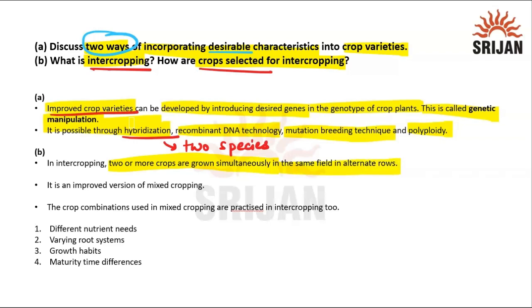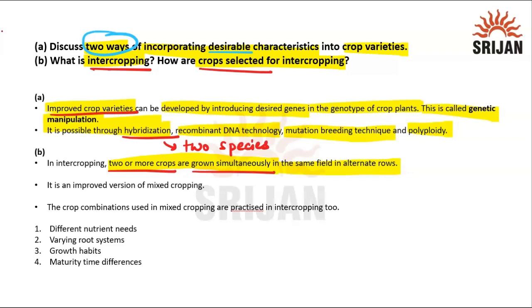That means there is a single area or region where you are sowing your crops. Within that region there is space, and you grow sometimes two, sometimes more than two crops in order to utilize your area in a much better way. So two or more crops grown simultaneously is what we call intercropping.